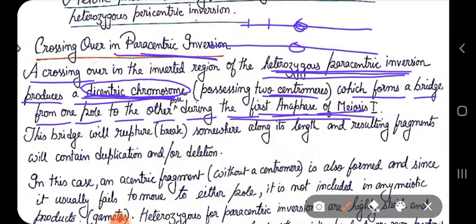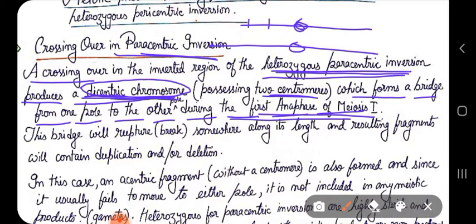I'm repeatedly saying heterozygous paracentric inversion means one of the chromosomes from the homologous pair has the inverted segment that does not involve the centromere, while the other chromosome from the same homologous pair is normal. So when crossing over occurs within the inverted segment, what happens?